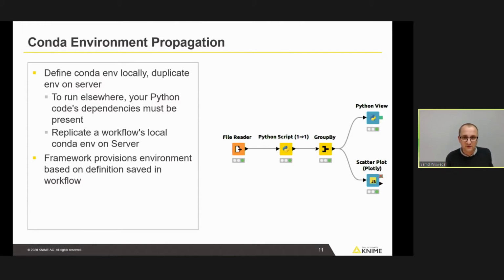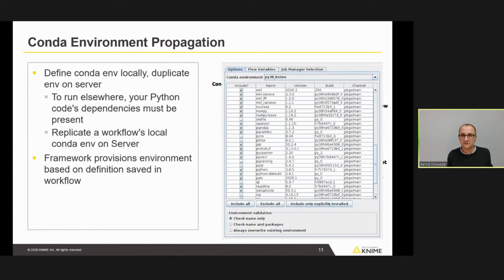So what we are going to add also in 4.3 is a node that's currently called Conda environment propagation. The purpose of this node is that during configuration, and this is what the configuration looks like, it's going to detect what your local environment, where you currently configure this node, looks like. It does some smart guessing. It has some heuristics built in.